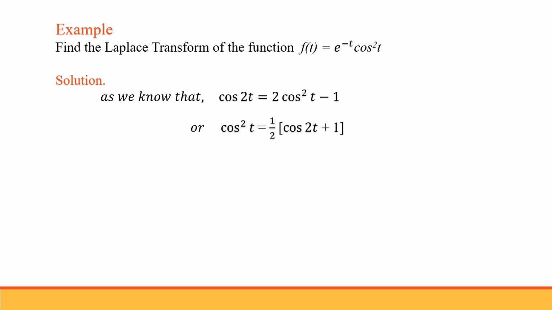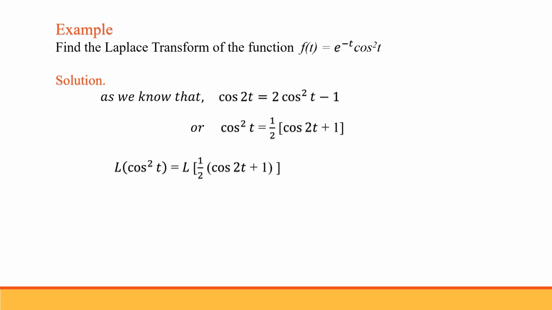So we can write cos squared t equal to 1 by 2 (cos 2t plus 1). Now we can easily find the Laplace transform of cos squared t, as we know the Laplace transform of cos 2t and 1. Otherwise it becomes very complicated to solve the integral of e raised to the power minus st into cos squared t.